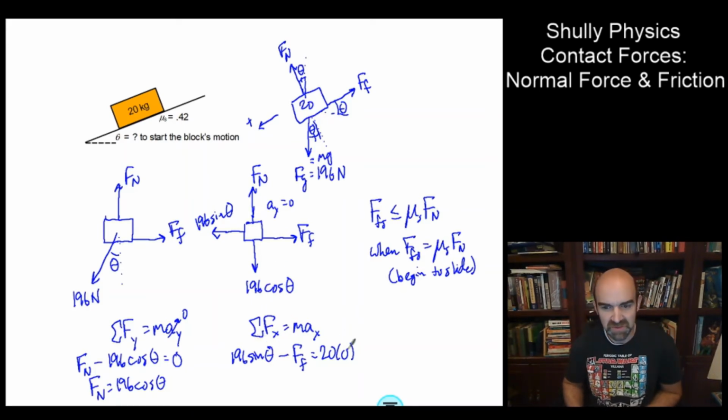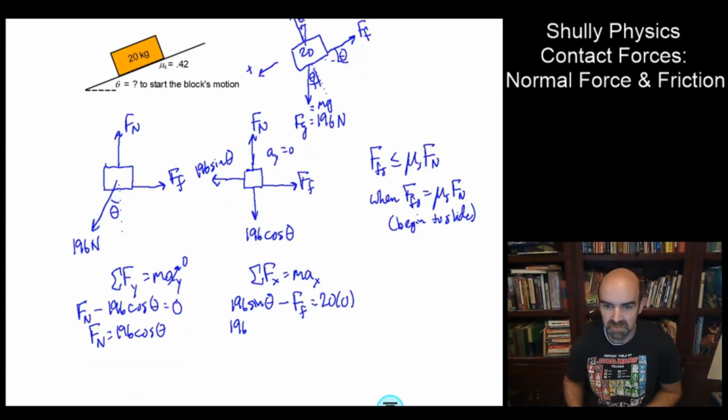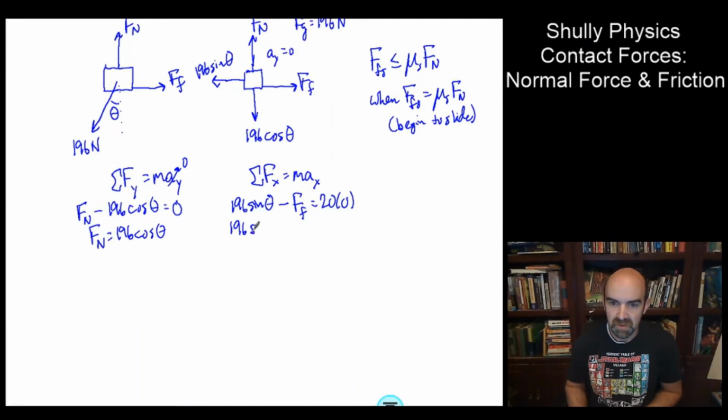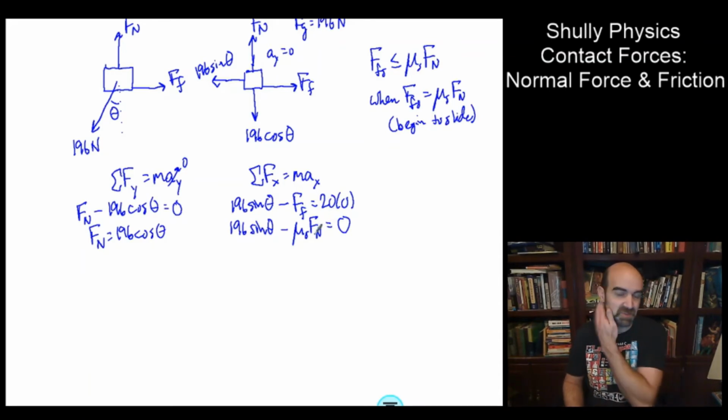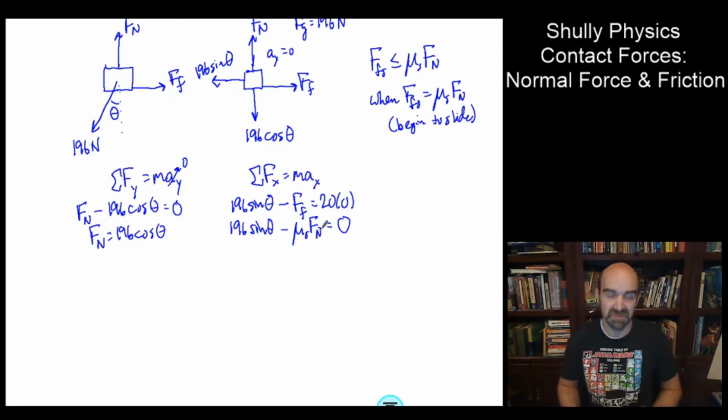So acceleration is still 0 here, but we're at a point where we can substitute mu s times normal force, so that the acceleration is still 0, but it's at its maximum frictional force. Maximum static friction there. All right.